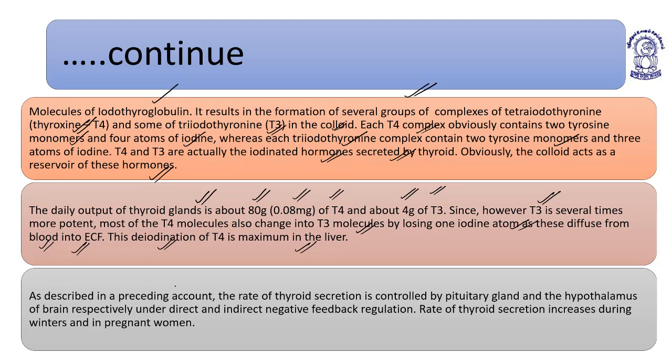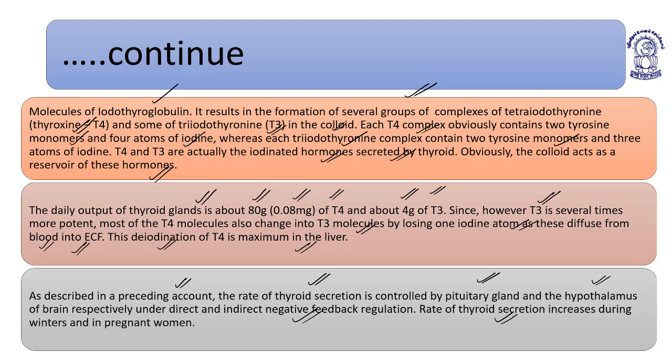As described in the preceding account, the rate of thyroid secretion is controlled by the pituitary gland. The amount of release of T3 and T4 is controlled by the pituitary gland, very importantly, and the hypothalamus of the brain, respectively under direct and indirect negative feedback regulation.